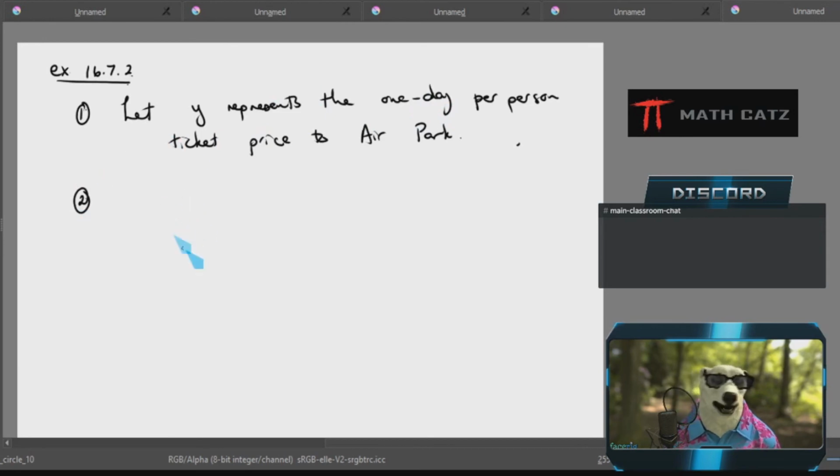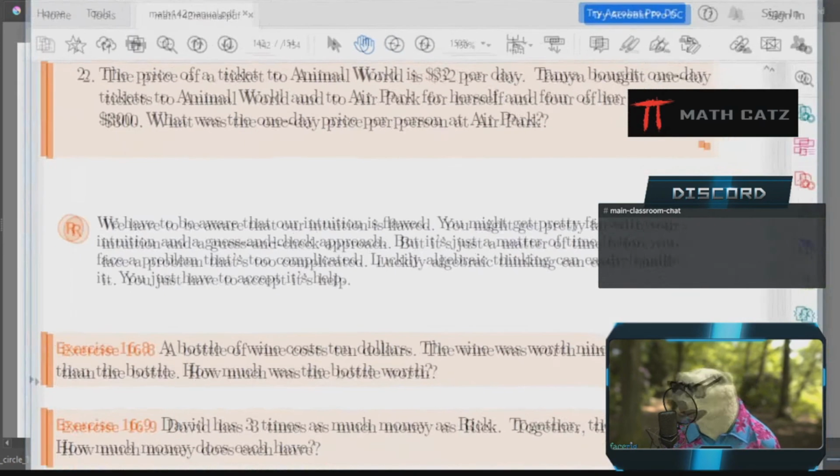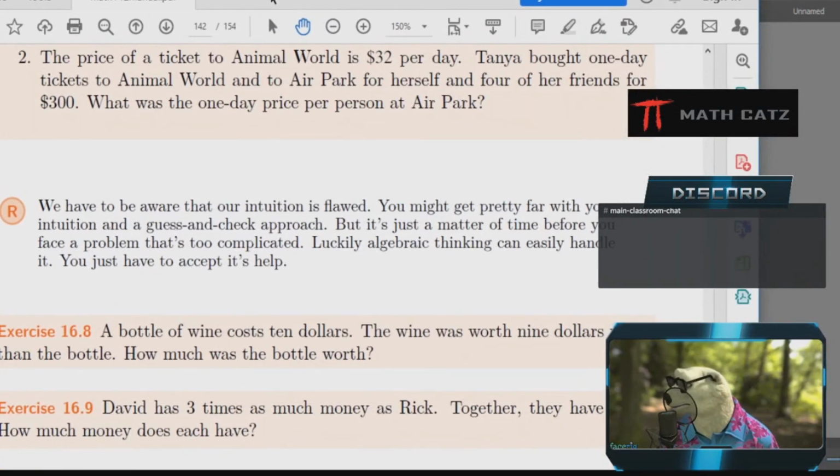Okay, so let me just read this again. Because reading a word problem once is not enough for me. By the time I get to the end, I don't remember the beginning at all. I need to read this as many times as I need to. I need to be clear on what to do. So, I have Animal World tickets and Air Park tickets. And the total cost is $300. Okay, so let me get rid of this.